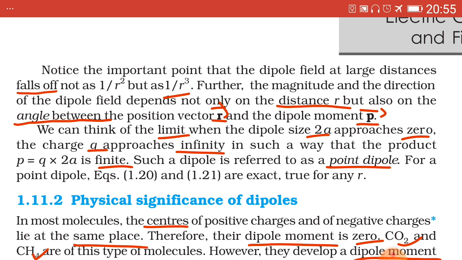Now here we see the definition of a point dipole.